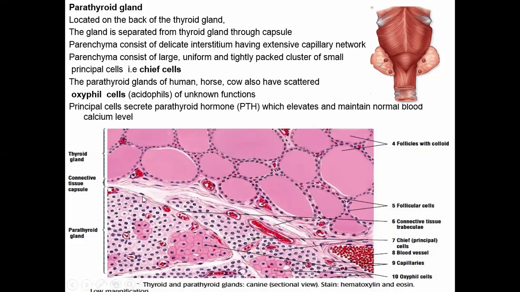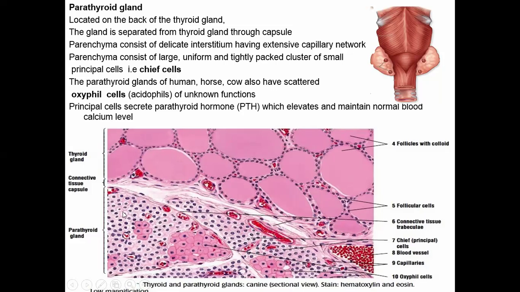These are the cross sections, meaning you are seeing the section, in which you can see that this one is the thyroid follicle, that is part of the thyroid gland, while this is the part of the parathyroid gland. And you can see here some principal cells.